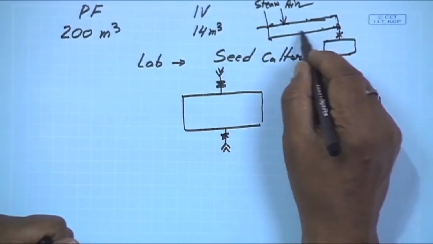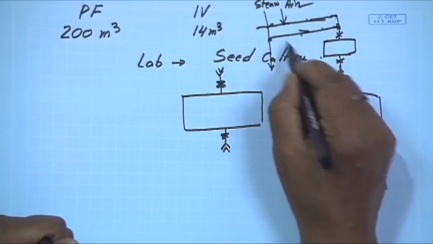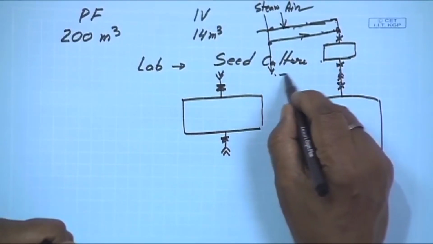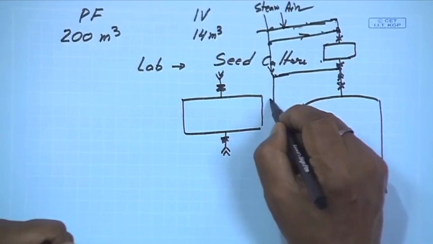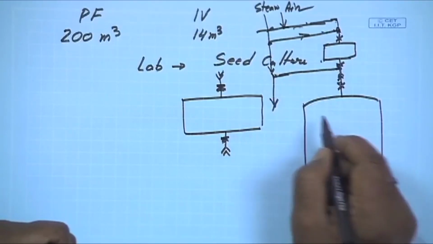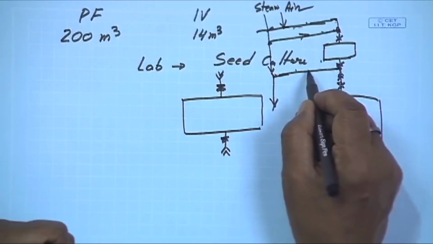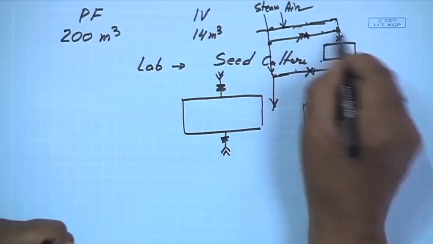You pass the steam and take it out to ensure that the line is 100% sterilized, and then you sterilize this line also, and take it out. When you ensure that your pipeline is 100% sterilized, then you close this valve. Then you open this valve.